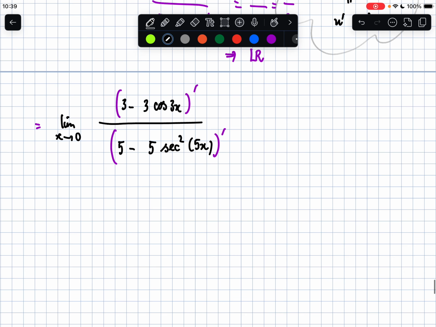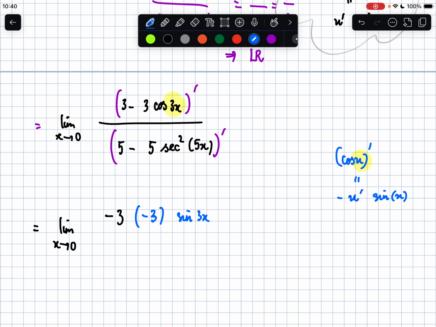Now 3 prime is 0. Limit x to 0. Minus 3 is just a number. Minus 3 there. Cosine u prime is minus sine of u. You think of that u as 3 times x. Minus 3 times sine 3x.